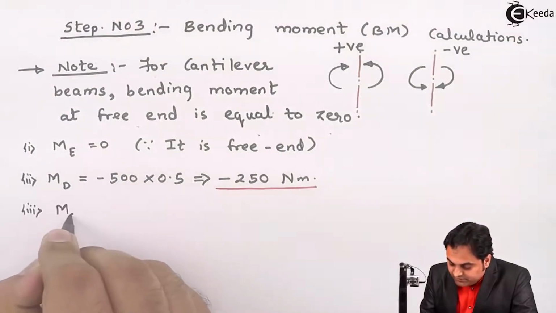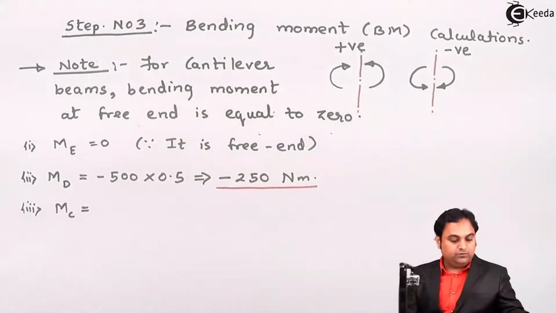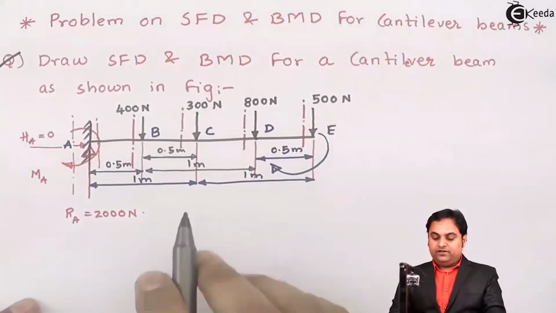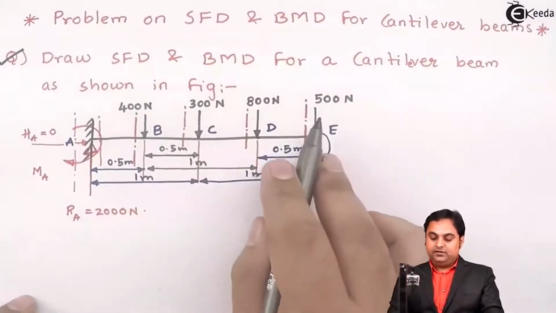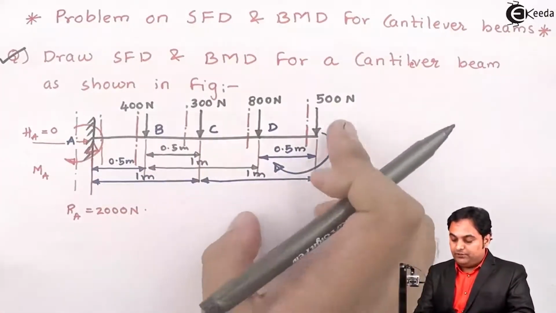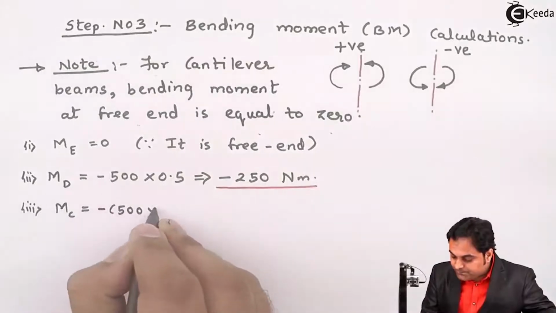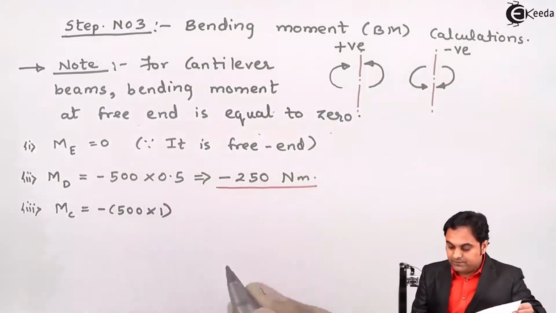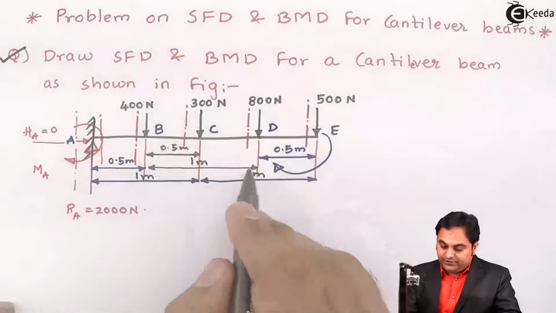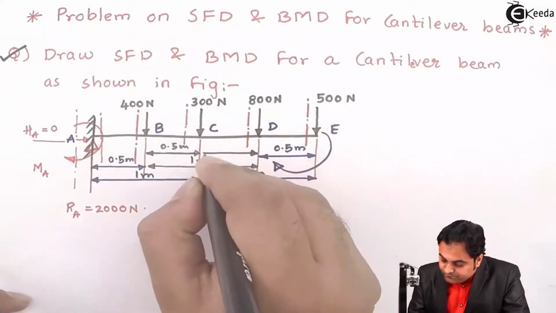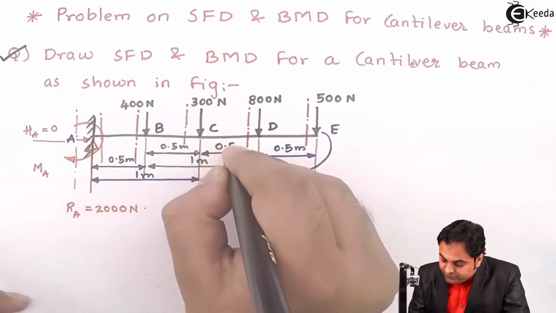Next, moment at point C is equal to, again here we have point C, so on the right hand side 500 into 1, that is in clockwise, so negative. Then 800 into this distance from C to D is 0.5 meter.